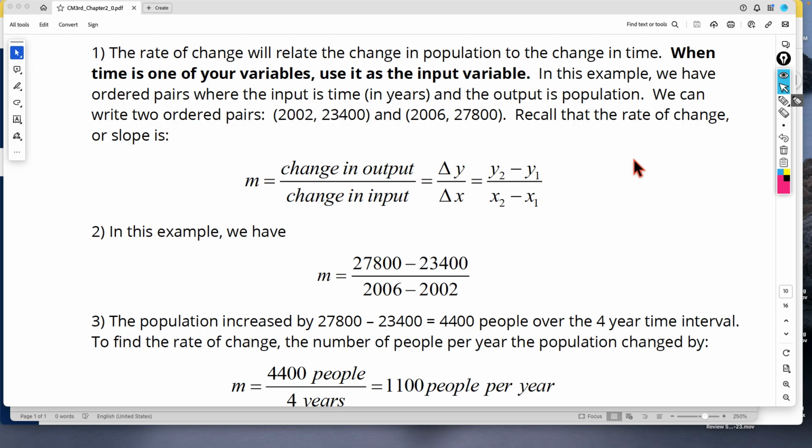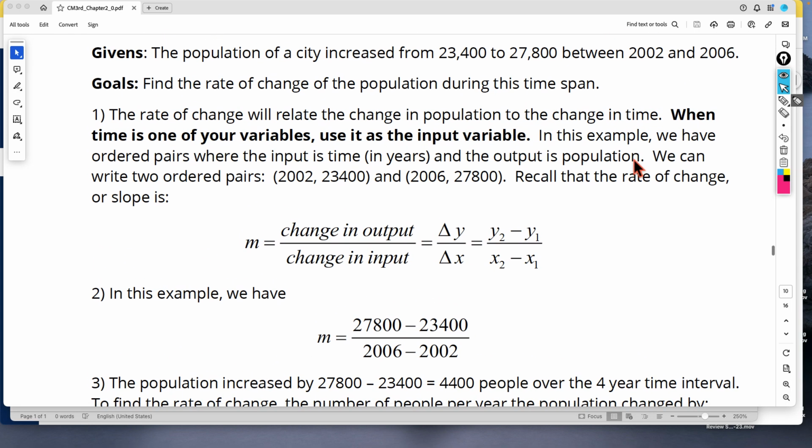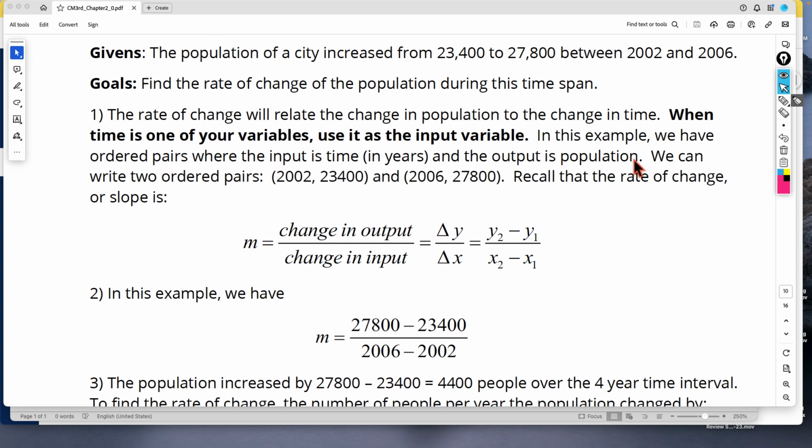But here's this way of getting the linear equation when we have 2 points on a graph. So oftentimes in solving a problem, we have 2 sets of pieces of information. So in this case, we've got a population of a city in 2 different years.